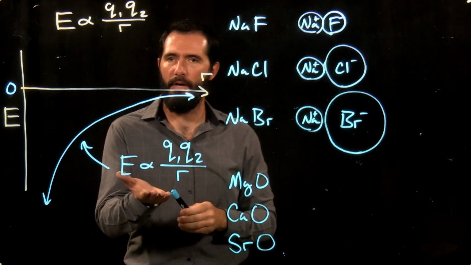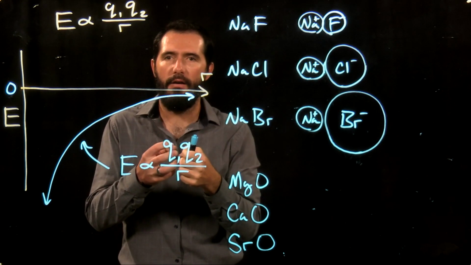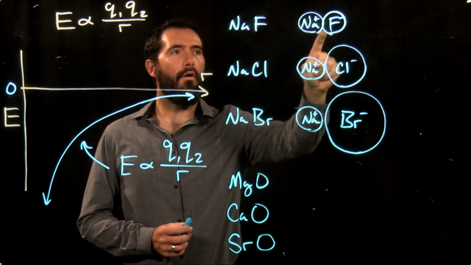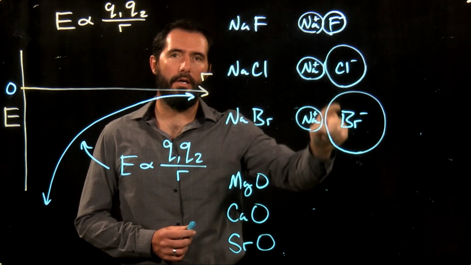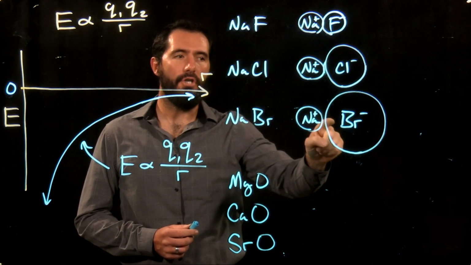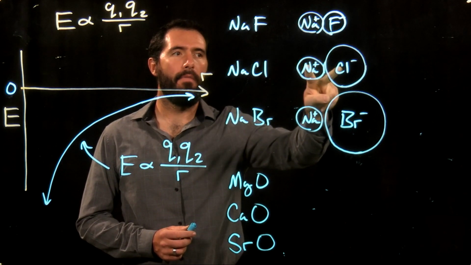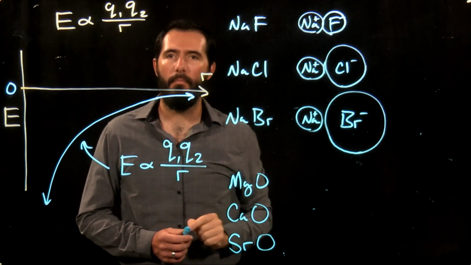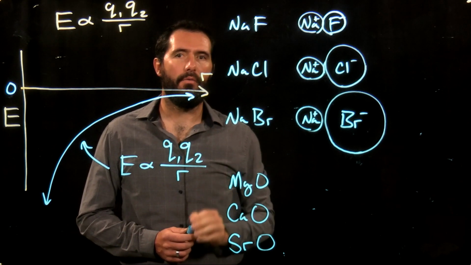Here we have an expression that tells us the strength of that interaction, so how tightly together they are held. As we go from sodium fluoride to sodium chloride to sodium bromide, what's changing is the radius between the two charges. Notice that they're all +1 or -1 charges, but we're changing the radius.